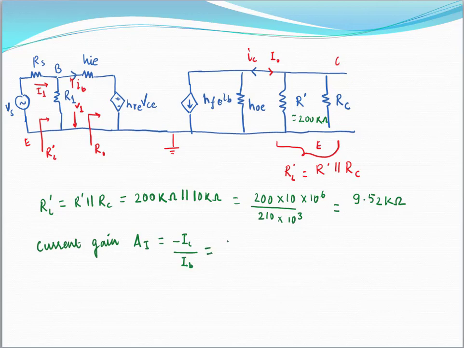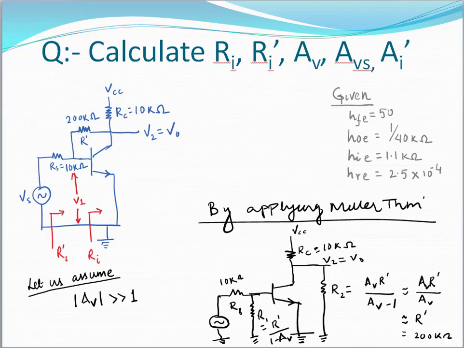We know the value of IC by IB means minus HFE upon 1 plus HOE RL, and RL is here RL dash. HFE is given as 50 here, and HOE is equal to 1 by 40 kilo ohm.